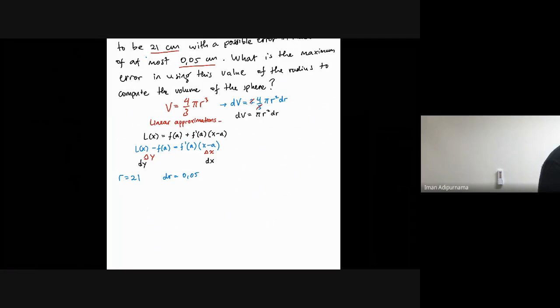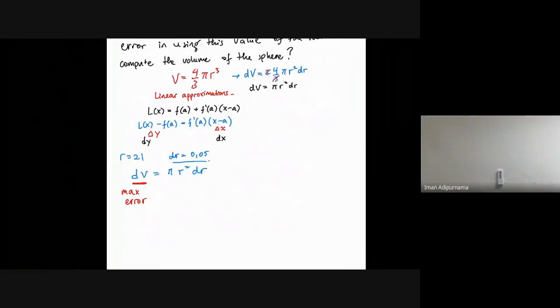So because the dr is 0.05, we will have maximum error. So the maximum error for volume, this will be the maximum error because it will be the difference between our approximations and the real number there. Okay, so we say this will be the maximum error we get from the function.